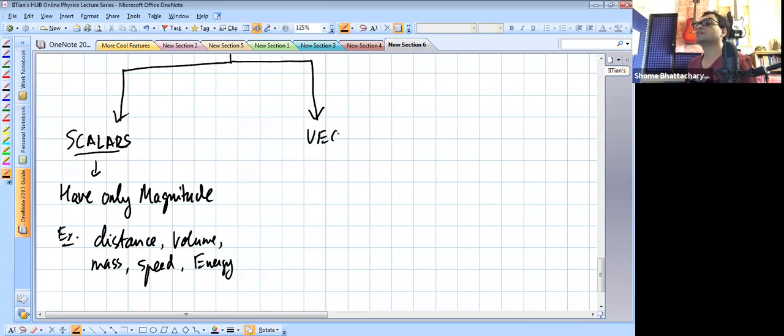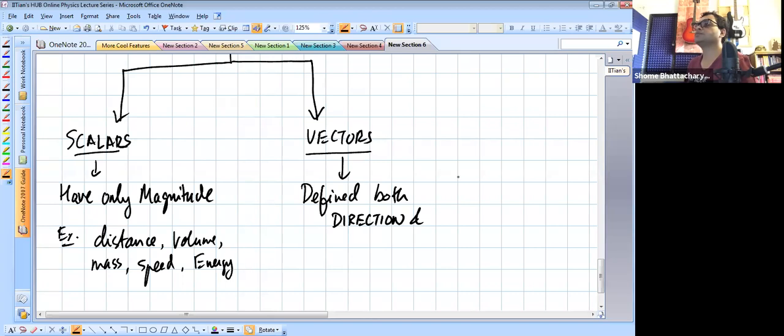Whereas vectors are quantities which are defined by both their direction and magnitude. So they have both direction and magnitude.